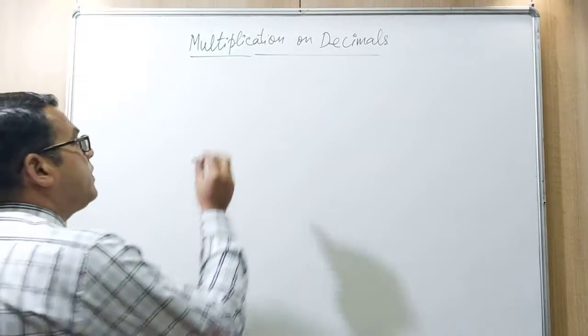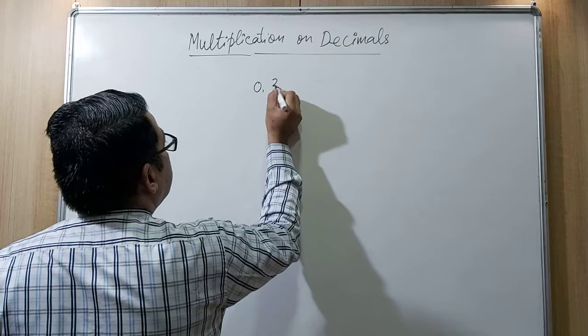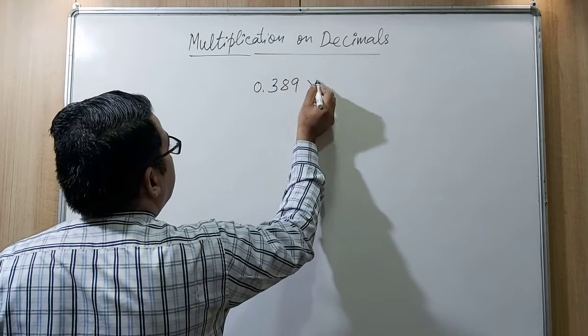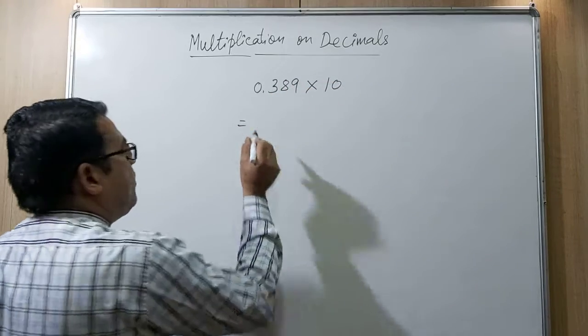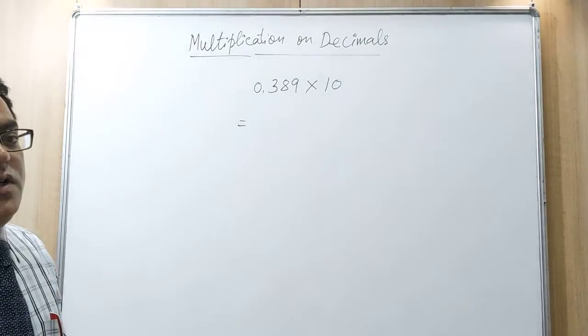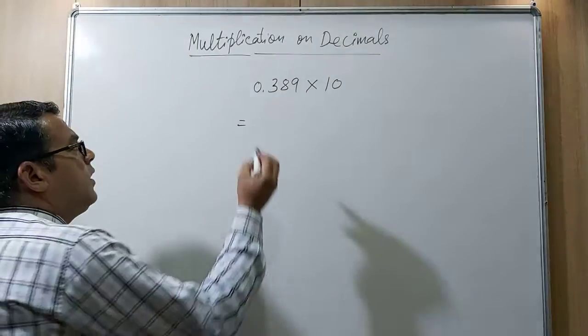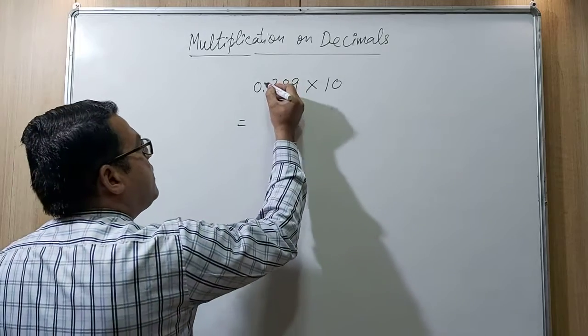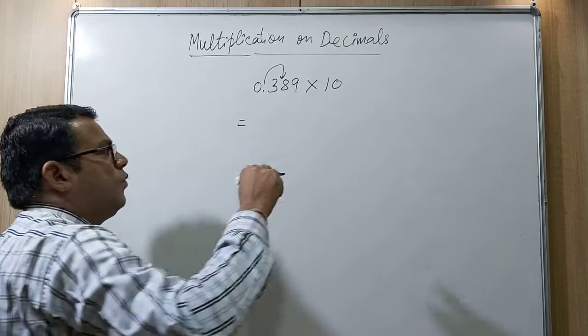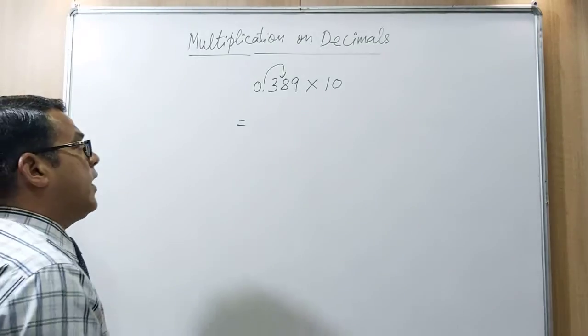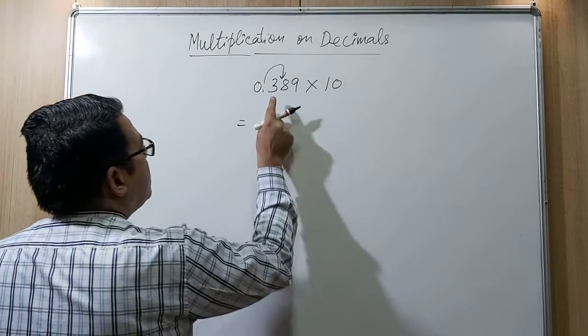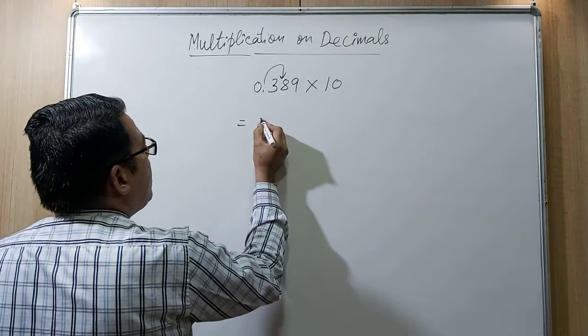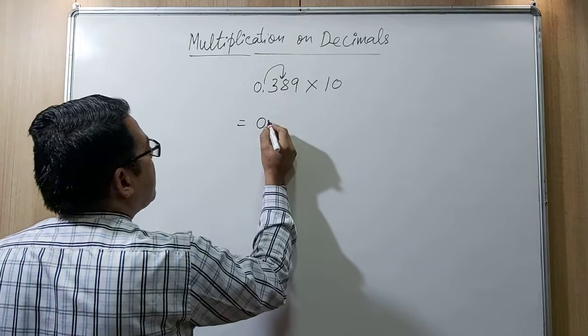Now let's do some more questions on this. Now suppose 0.389 is a number and we are going to multiply it by 10. What can we do now? We know that after 1, 10 is there, so we need to shift this decimal place one to the right. So what we have now: this 0 we can write as it is, and 3 we can write as it is.